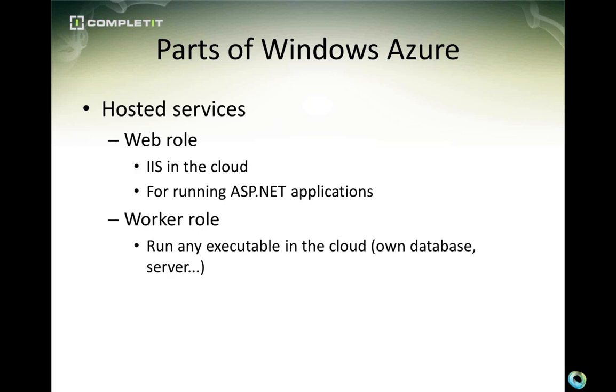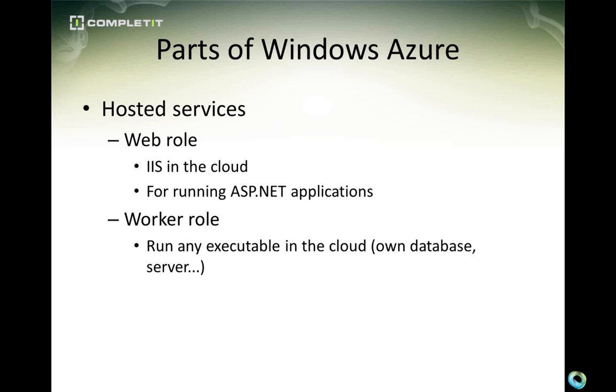A role, by the way, is an instance that executes work. So an instance that executes a web work, or an instance that does something else, and that's a worker role. A worker role can basically be used for running any executable in the cloud. That way, it is also possible to, for example, inside of the Windows Azure Cloud, use another runtime than .NET or another database.